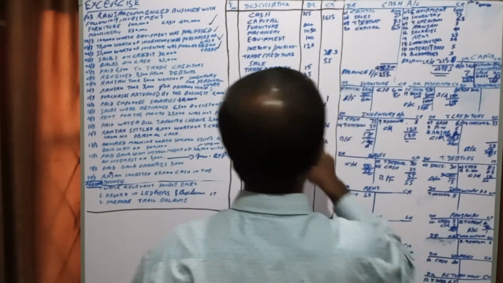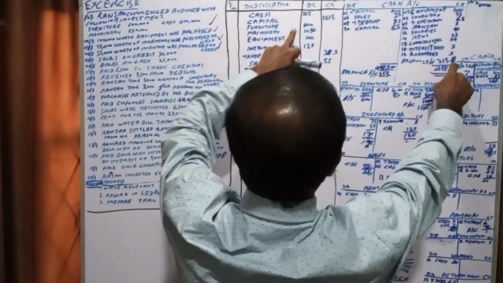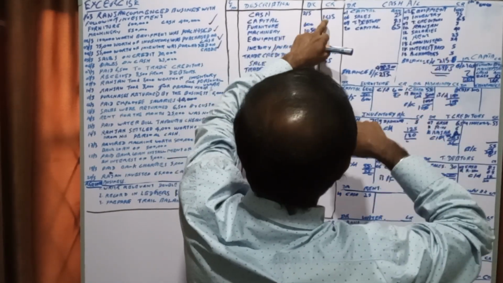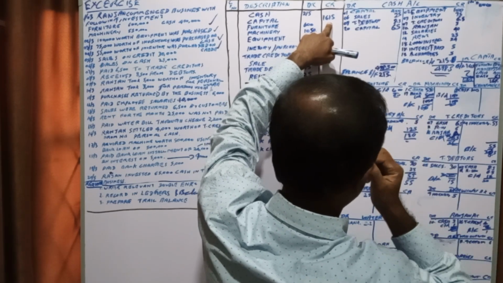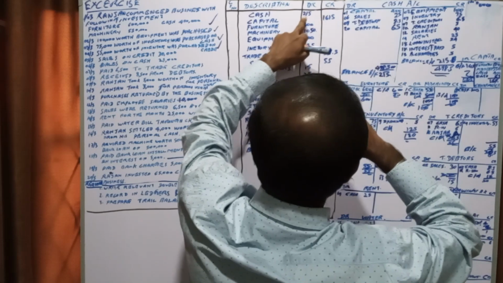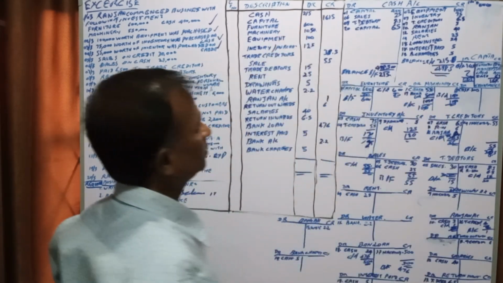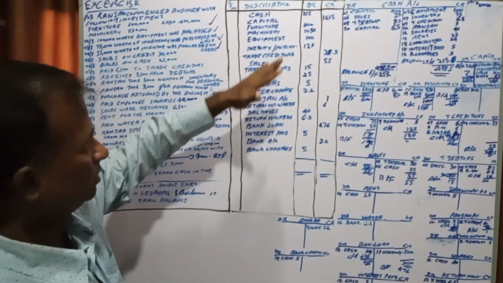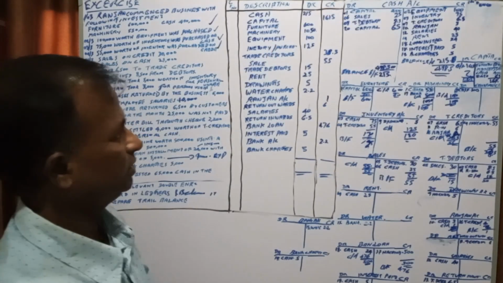Here 38,000, 38.5. Cash account 215,000, capital account 250. We have done the balancing for all the ledgers.